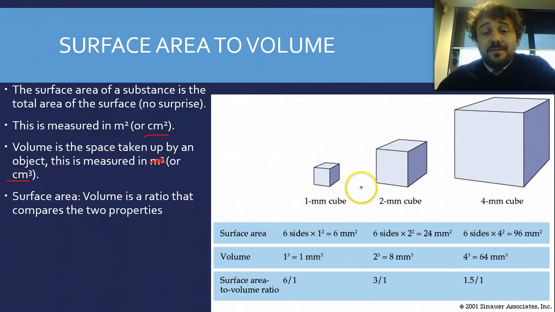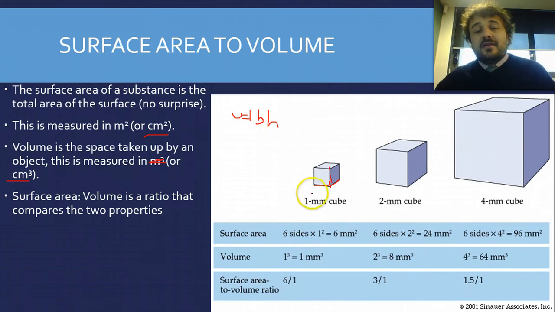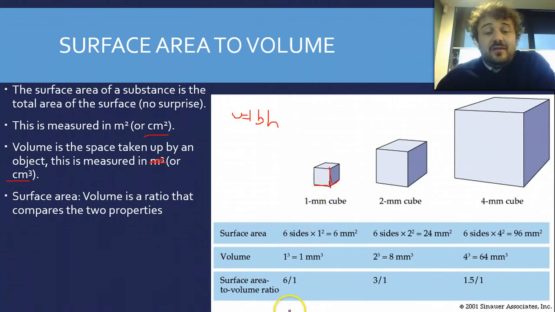The volume is 1 times 1 times 1. Remember, volume equals length times breadth times height, and if it's all ones, then it's 1. So the surface area to volume is 6 to 1.